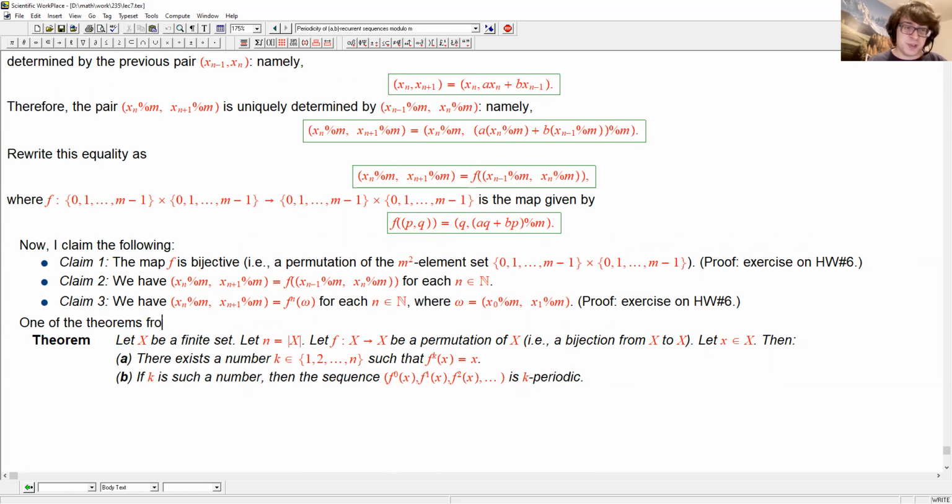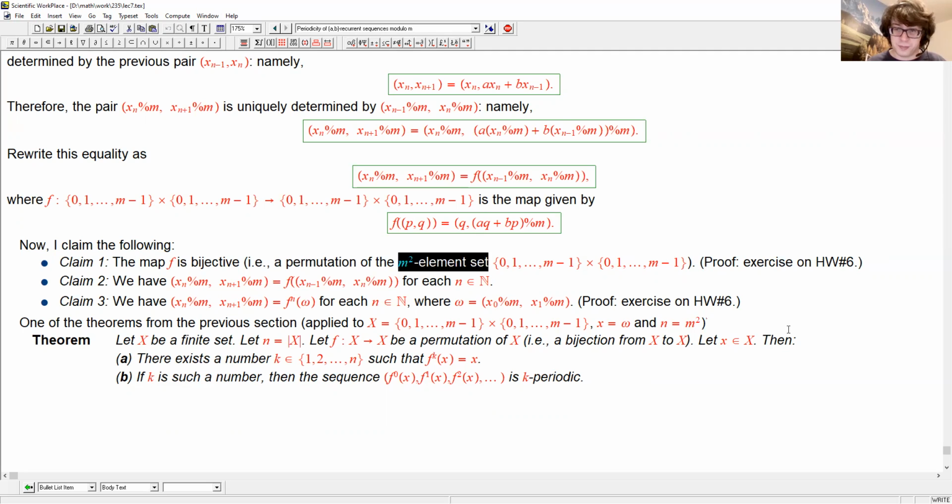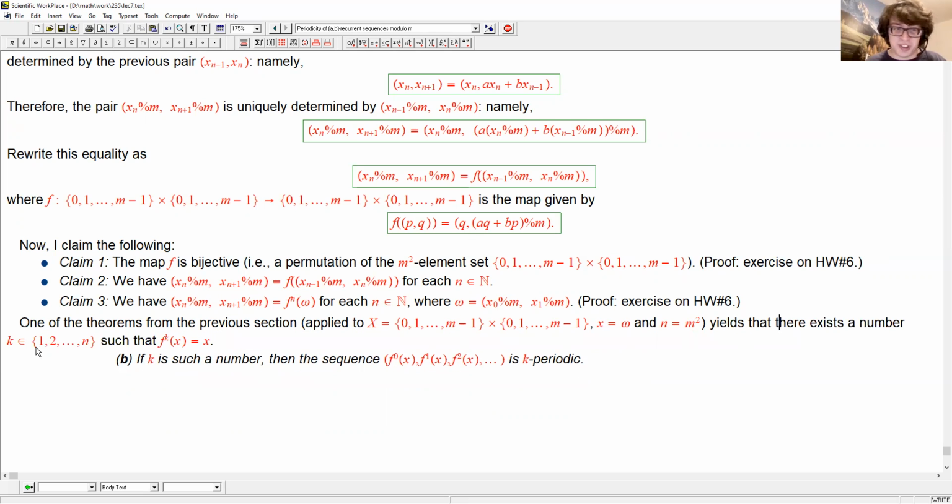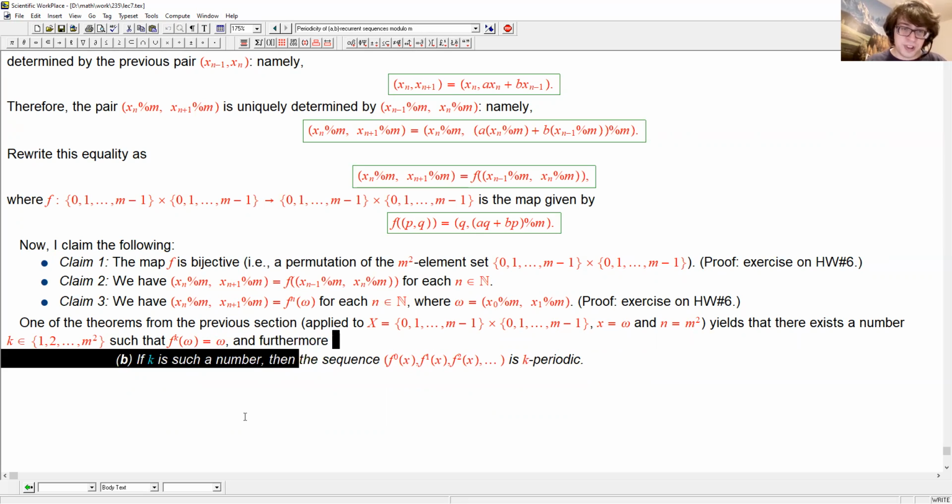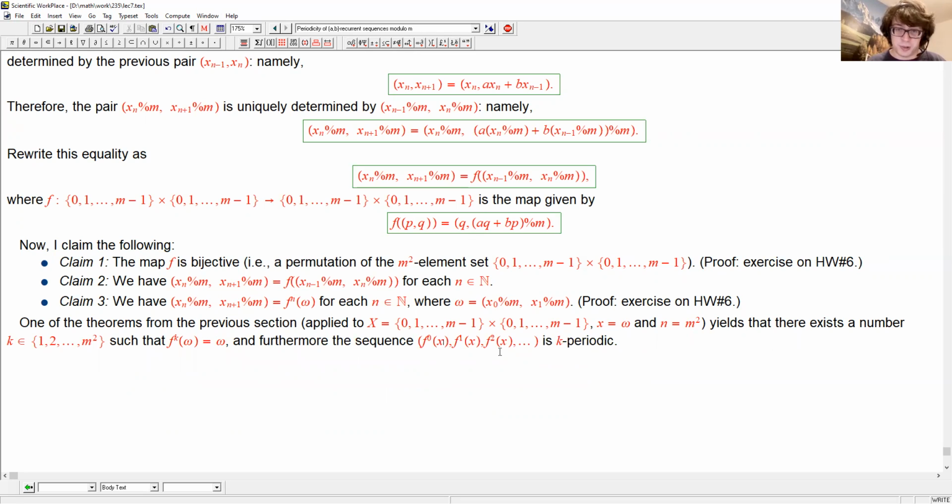One of the theorems from the previous section, we can apply now to X being the set, f is f, little x is omega, and n has to be m squared because this is an m squared element set. It yields, and now I just copy paste, that there exists a number k between 1 and m squared such that f^k of omega is omega, and furthermore, the sequence is k periodic.